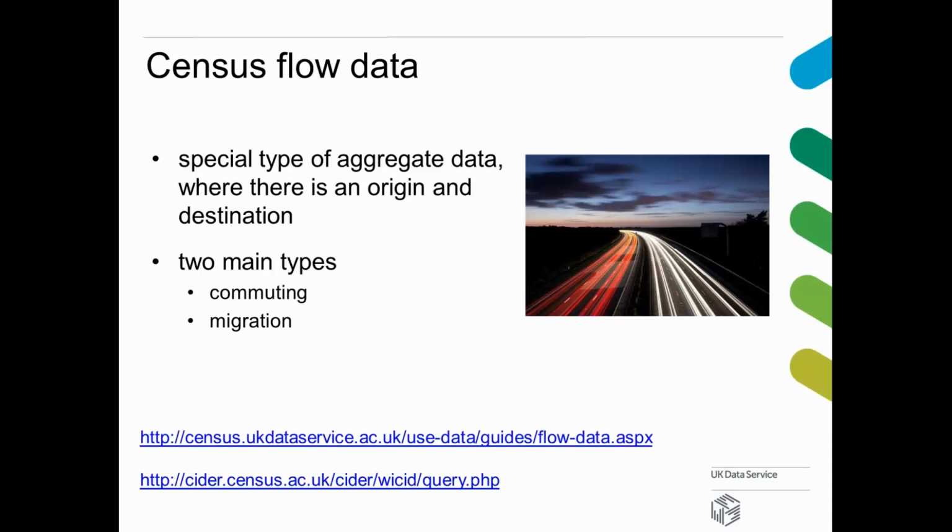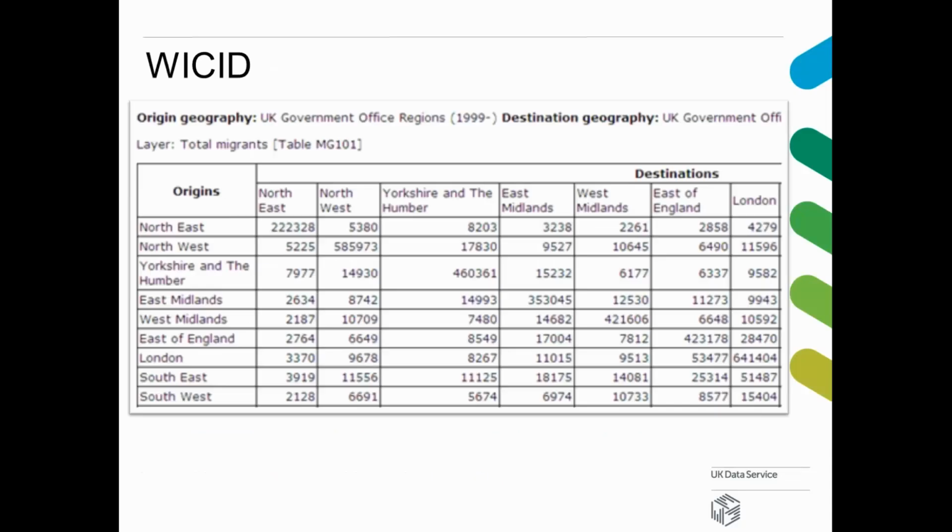And you would explore these data using another of our online resources called Wicked. And again, here's just an example of a table which shows how people are moving between the different regions. And this is an interface again that you use through your own web browser, so there's no specialist software required.